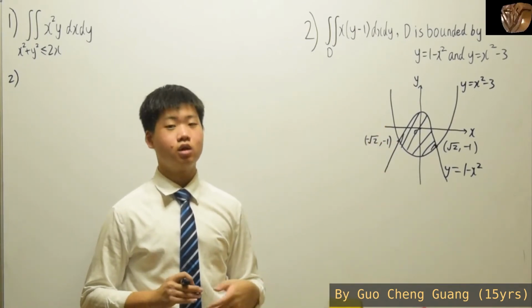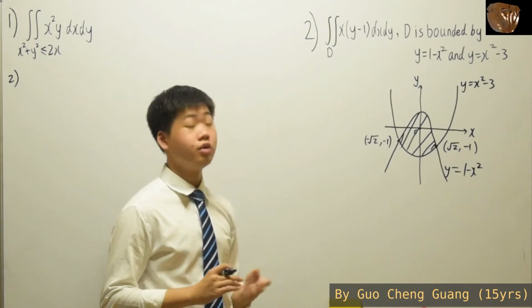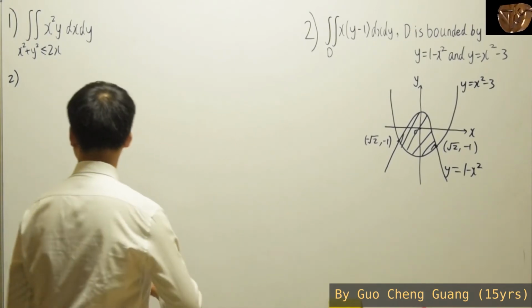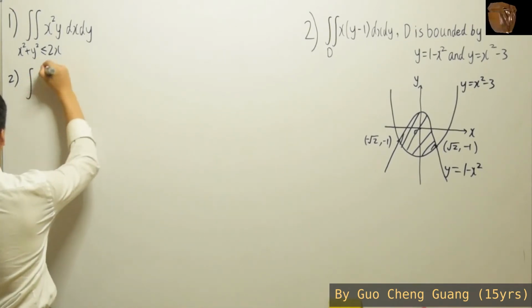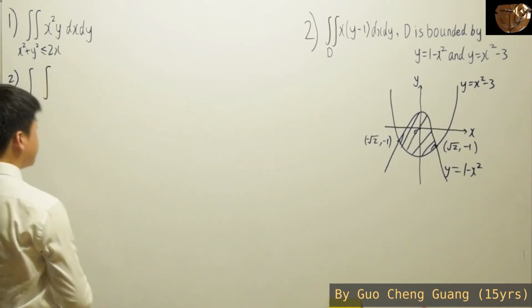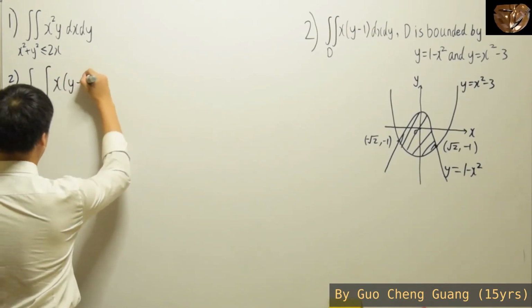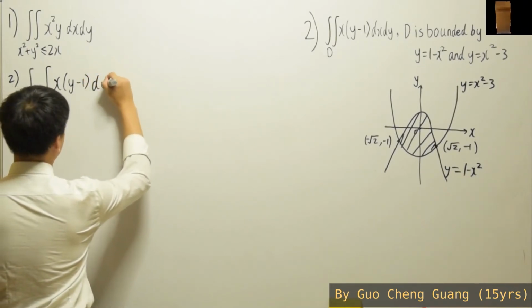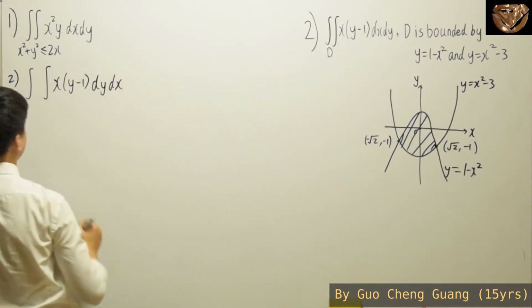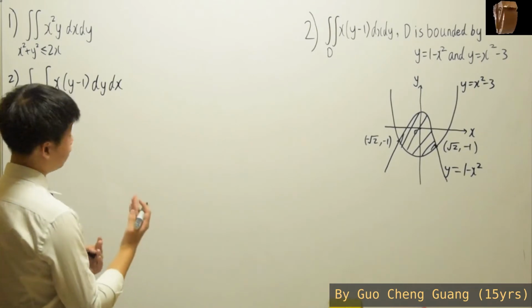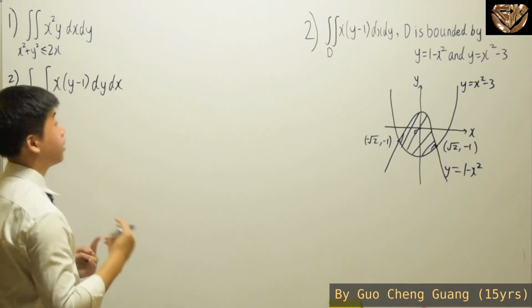Right, so let's take a look at what happens if you integrate with respect to y first. So, integrating with respect to y first: x times y minus 1, dy, dx. Of course, when you're integrating with respect to y first, x would actually be taken as a constant.